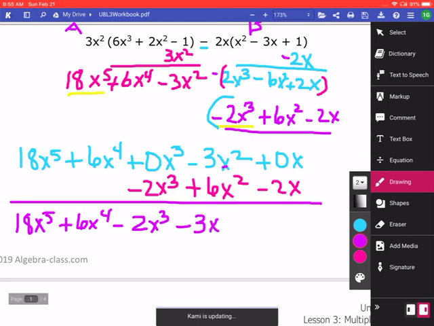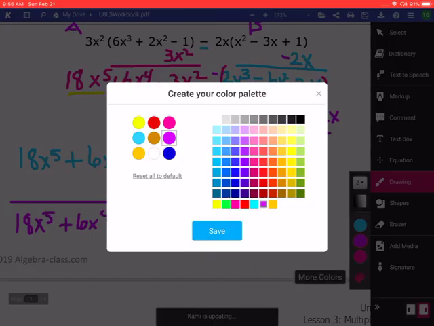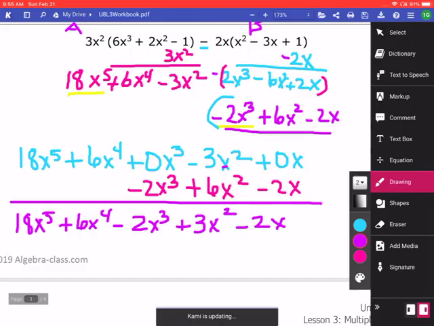We're going to get a positive 3x squared, because when we add or subtract, whichever number has the greater size, we carry its sign. Okay, and then a negative 2x. All right, so this is our answer.